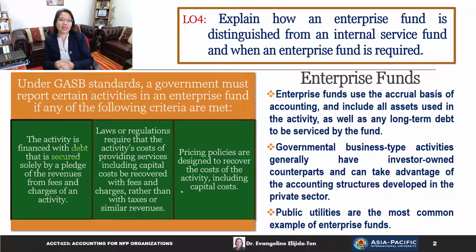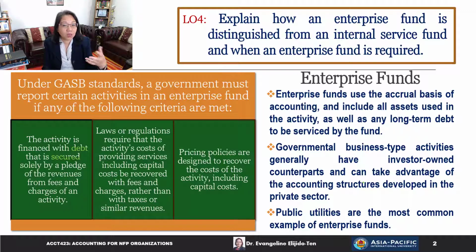So let's look at enterprise funds. Enterprise funds, as we mentioned earlier, use the accrual basis of accounting, and include all assets used in the activity as well as any long-term debt to be serviced by the fund. The governmental business type activities generally have investor-owned counterparts in this enterprise fund.